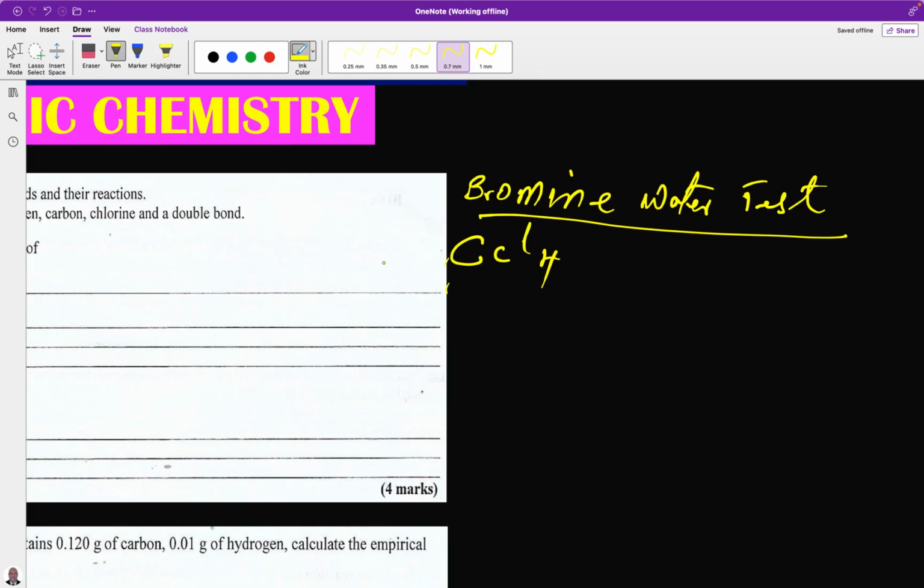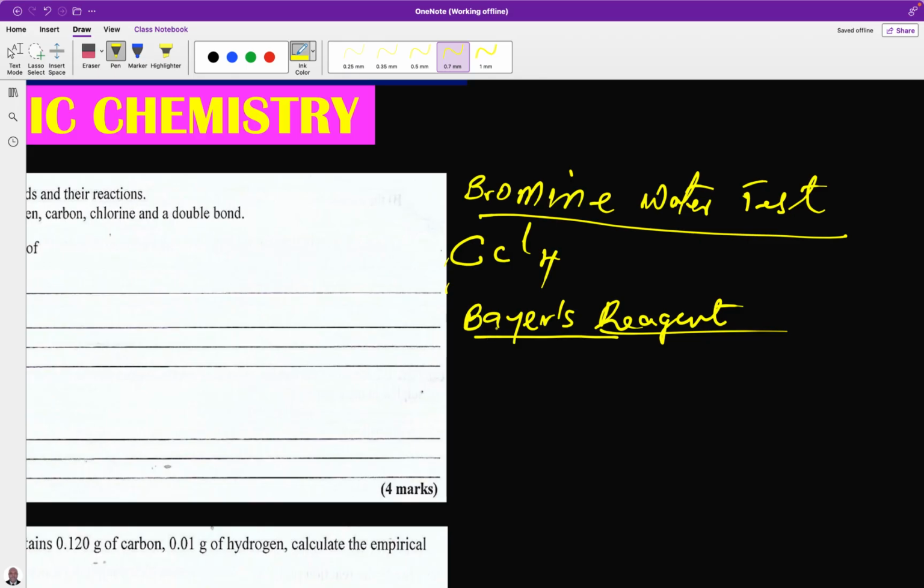Another method is the Bayer's reagent. You can use the first one or you use the second one, Bayer's reagent.